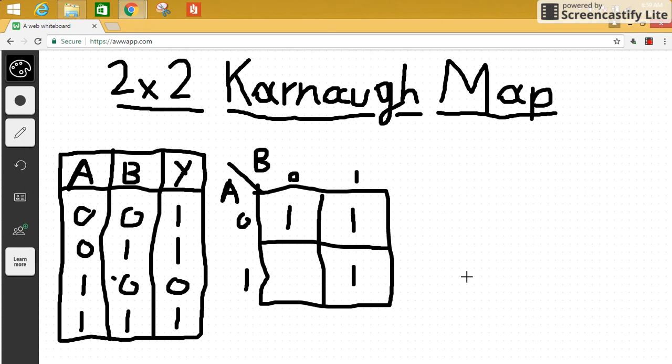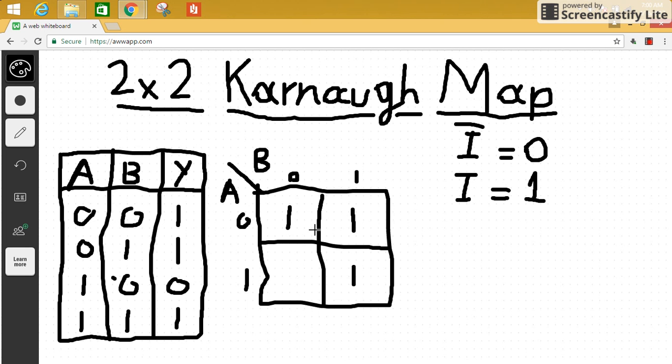Now, in order to write the Boolean equation for this Karnaugh map, we have to pair up the inputs. Before going into that, let me tell you that for a minterm equal to 0, the input is the input prime, whereas for a minterm equal to 1, we have the input without the prime.